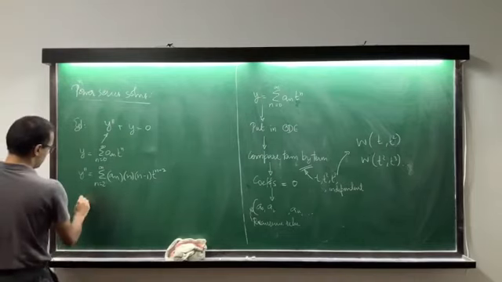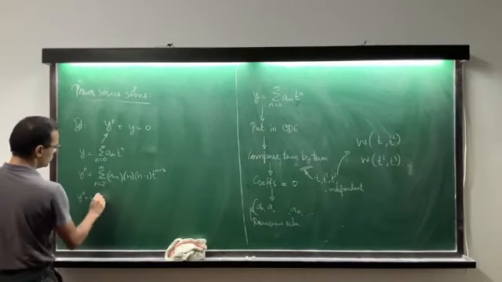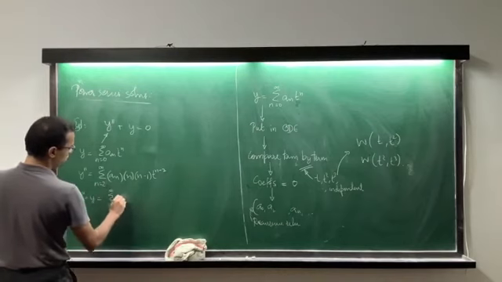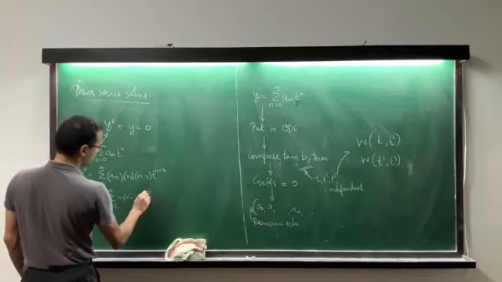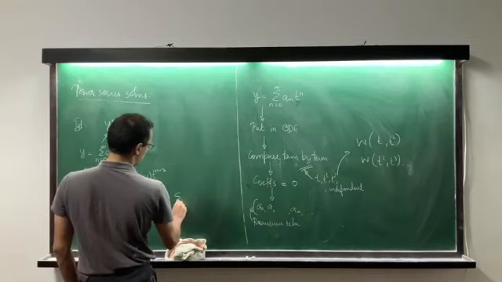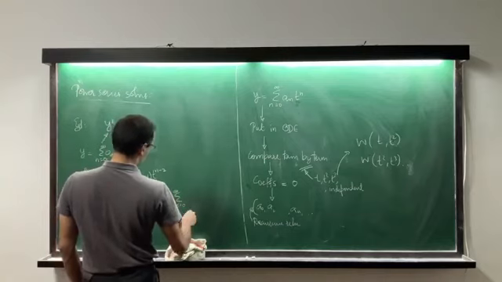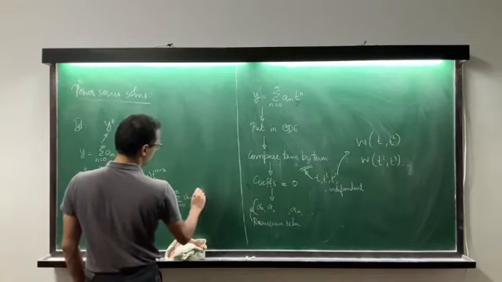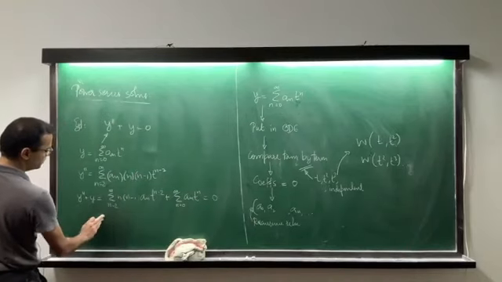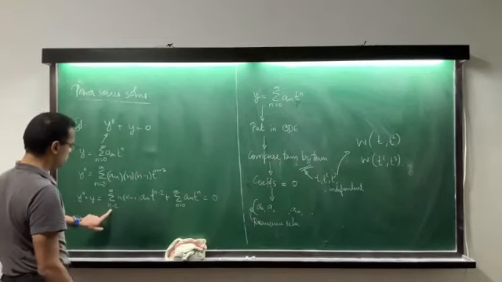So now if I put this sum together, I'll get the sum from n equals 2 to infinity of n into n minus 1 times a_n times t^(n-2), plus a second sum which goes from 0 to infinity of a_n t^n, and the whole thing should be equal to 0. And so I can simplify this easily enough.